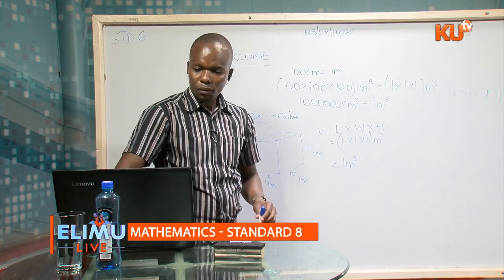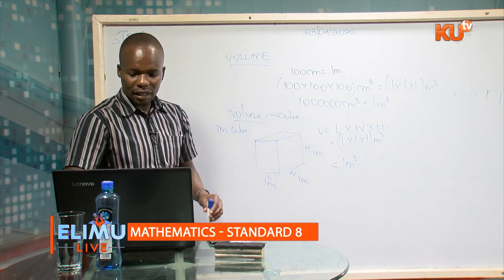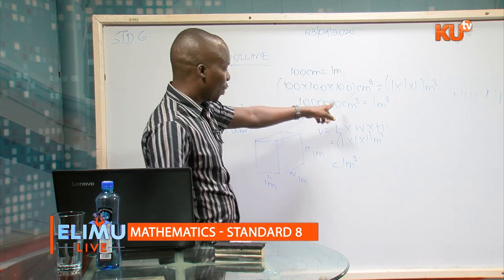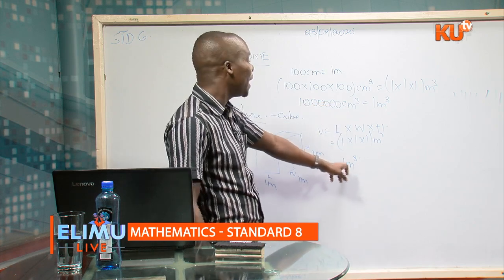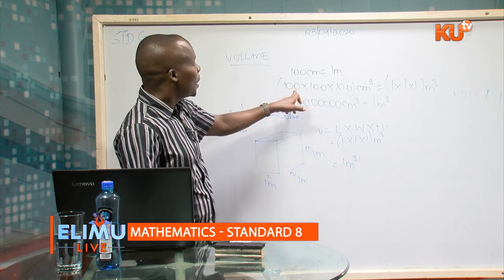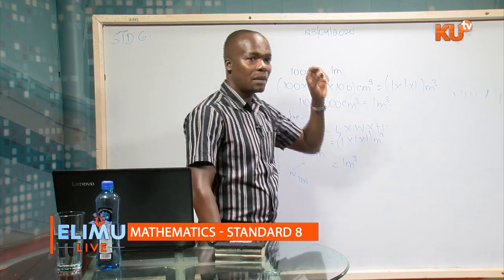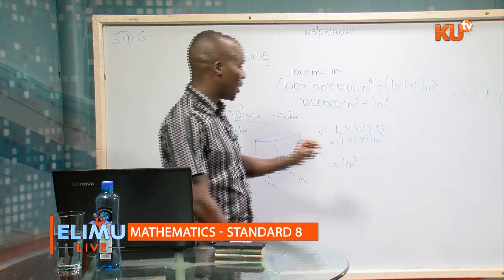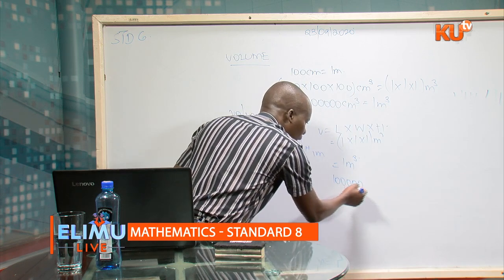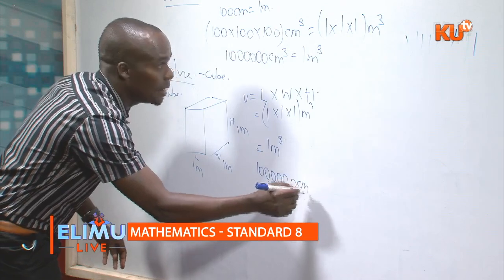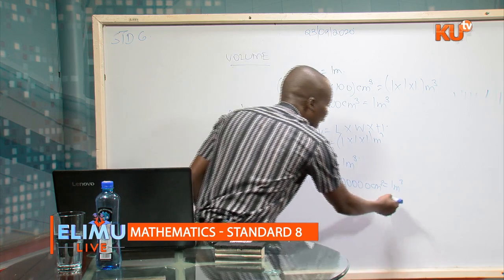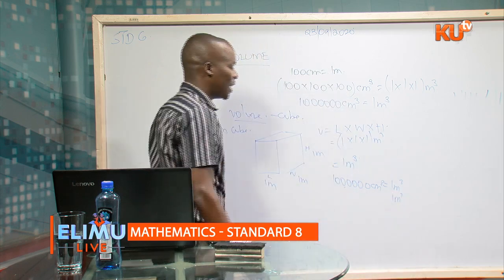Moving forward, to convert this 1 meter cube into cubic centimeters, I said earlier that 100 by 100 by 100 centimeters cube will give us 1 meter cube. Therefore, if 1 million cubic centimeters is equal to 1 cubic meter, what about this 1 cubic meter?